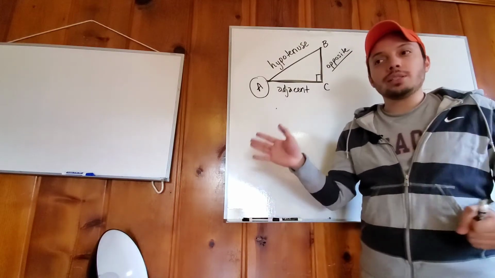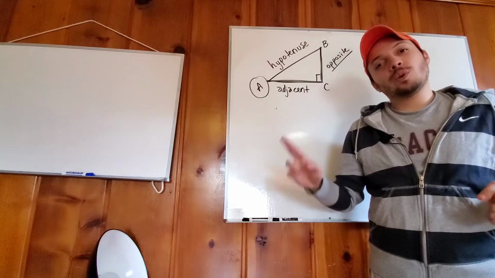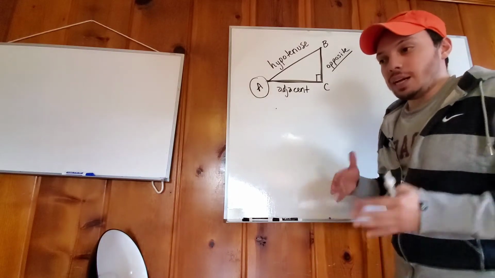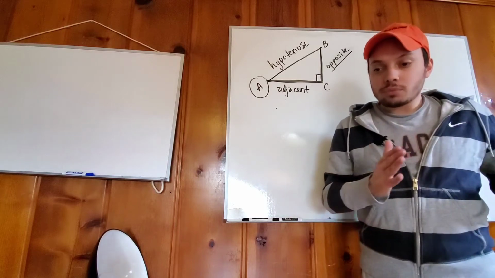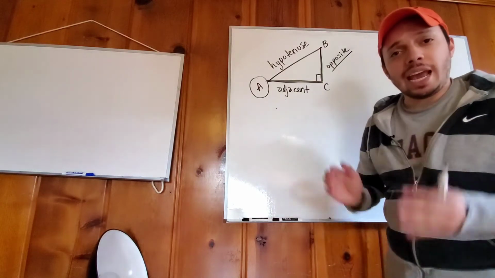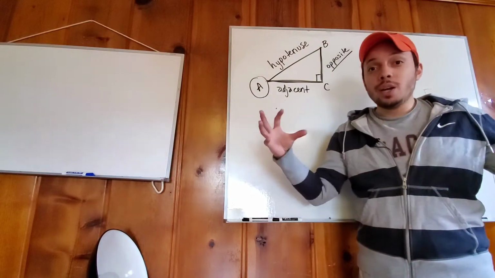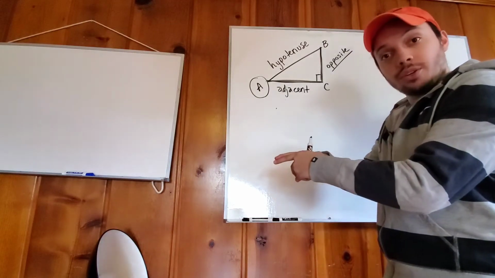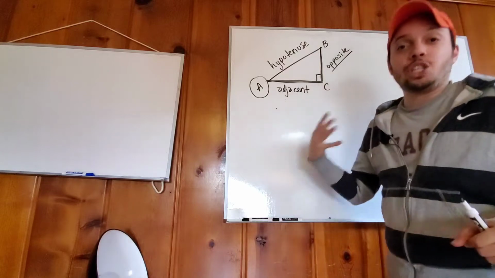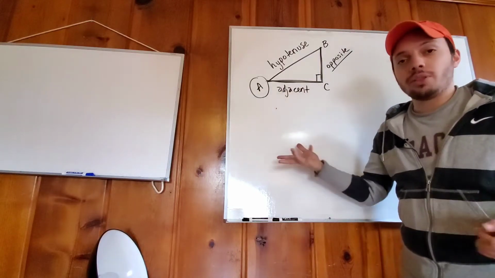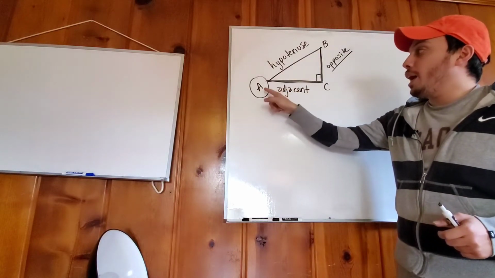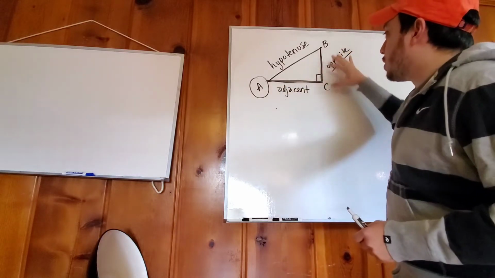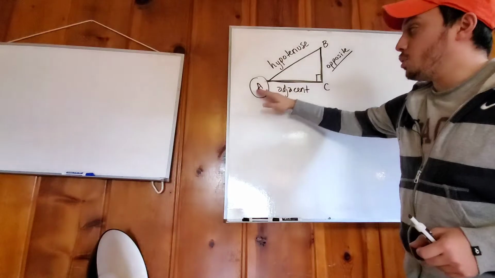For example, Luisa's and Scotty's desks were adjacent, Scotty's and Sammy's desks were adjacent, Andrew's with David's was adjacent, and Andrew's with Deborah's was adjacent. All of those are adjacent, meaning they're literally touching, next to each other. That's what adjacent means here, and this is also another preposition. So this side is adjacent to angle A, and this other side is opposite to angle A.